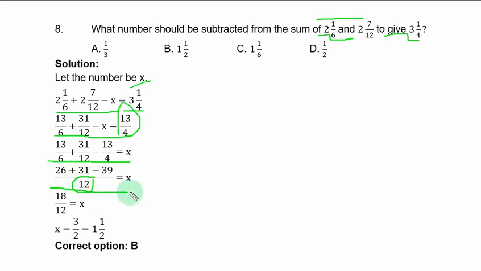That gives this step. If you add and subtract, you have 18/12 equal to S. You can divide the two numbers by 6, so you have S equal to 3/2. To mixed fraction, you have 1 1/2. B is the correct option.